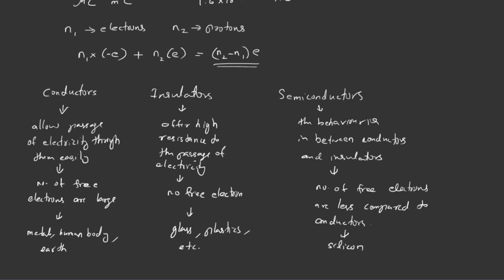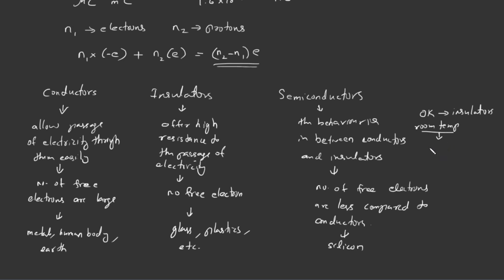Let us discuss something more about semiconductors. At 0 Kelvin, semiconductors behave as insulators, but at room temperature, some electrons free themselves and cause conduction by responding to applied electric field.